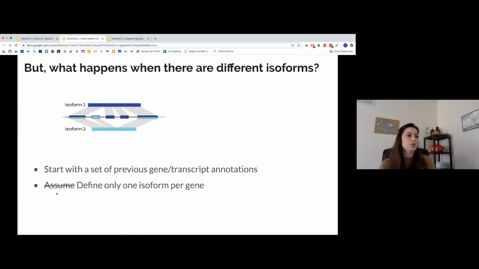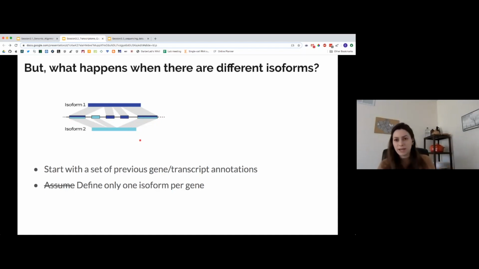We want to know if there's differential expression for different gene isoforms. One way to deal with it is to define only one isoform per gene. In this example, I'm showing you a single gene, and that gene has 2 transcript isoforms, one composed of 4 exons shown in dark blue, and one composed of 3 exons shown in light blue.